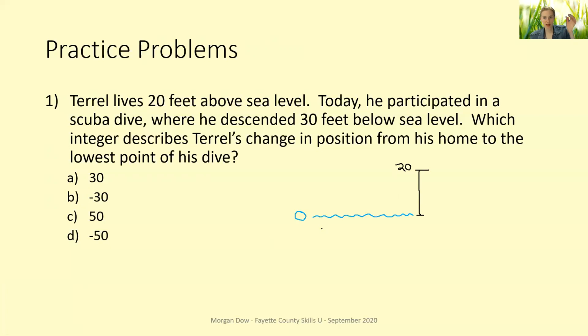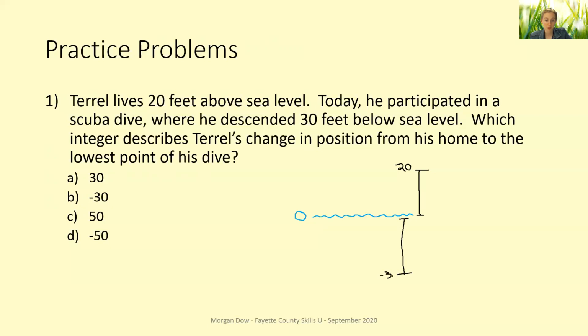And so let's say he goes down to the beach, he's at the water, he goes out on a boat on the water, and then he goes scuba diving. So he's going below the water. He is going 30 feet below sea level. So he is now at an elevation of -30.